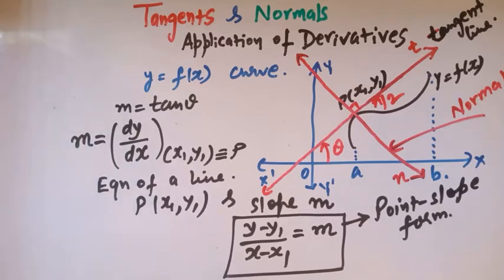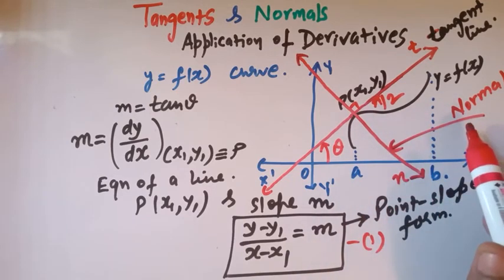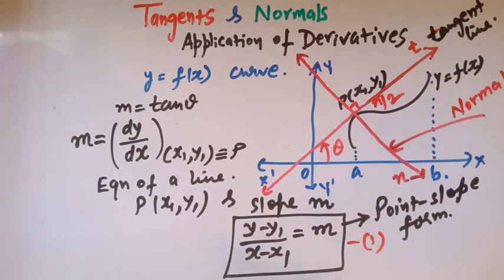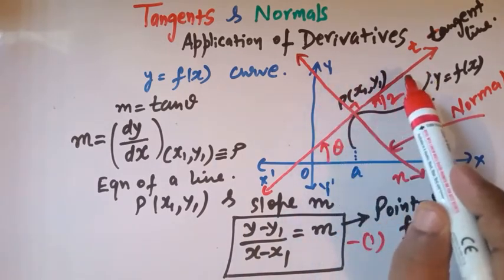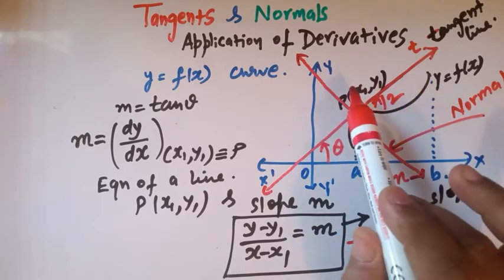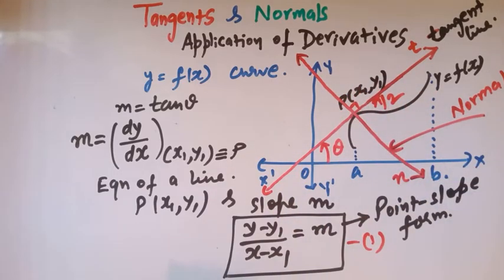So our aim is to find the equation of this tangent line, which is given by this equation, and at the same time if we want to find the equation of this normal, then what we will do, the product of the slopes of these two lines, that is the normal and the tangent, must be equal to minus 1.